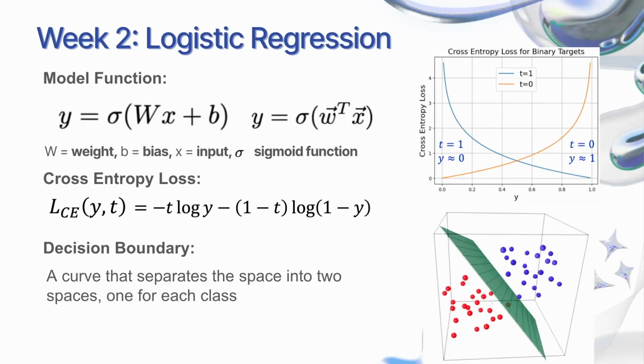The line that separates those 2 classes is called a decision boundary. And last week, you should have also learned about the cross entropy loss, and why it has a specific formula, given issues with the mean squared error loss and the threshold loss.